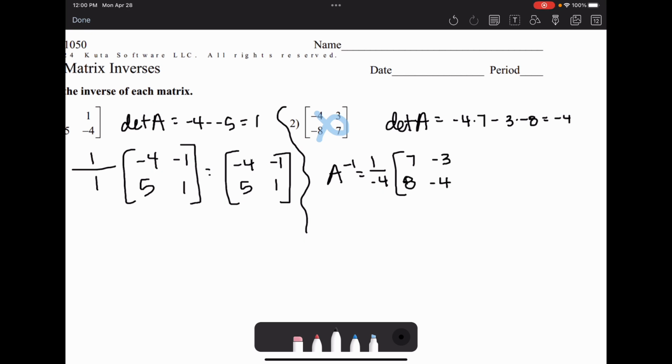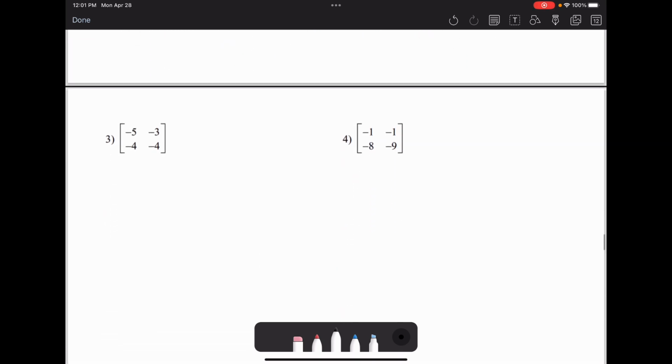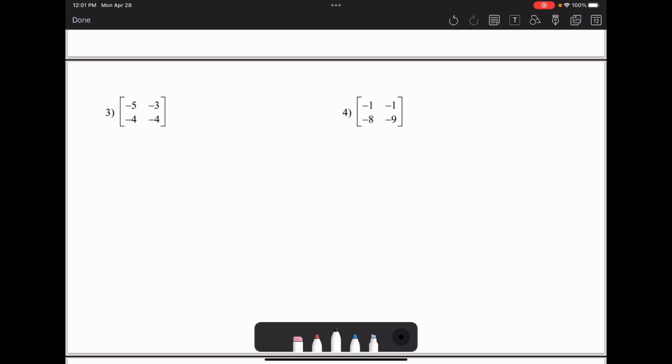So that would be +8. So then this would be -7/4, +3/4, -2, and +1 for the determinant. Okay.